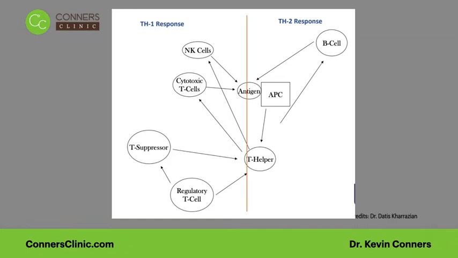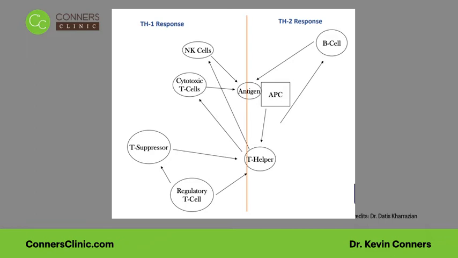But when the antigen is a heavy metal, let's say the antigen is mercury right there, and you fire a natural killer cell response to it, is it going to kill mercury? No. So what happens? Your T helper cells try to stimulate a bigger NK cell and cytotoxic T cell response. That's a little bit farther down on that red line.